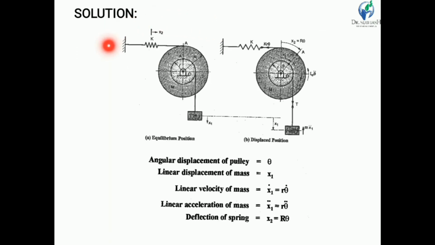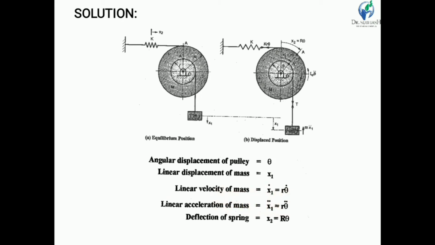So this is a system. Now this is the equilibrium condition. Now let us consider mass m is displaced through x1 distance, and because of that the spring is displaced through x2. So the angular displacement of the pulley is theta, the linear displacement of the mass is x1, the linear velocity of the mass is x1 dot.